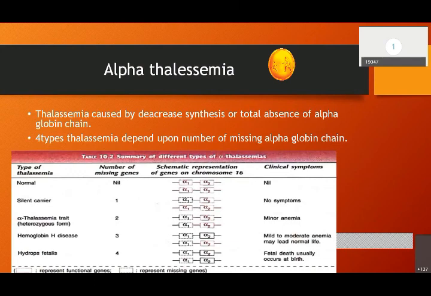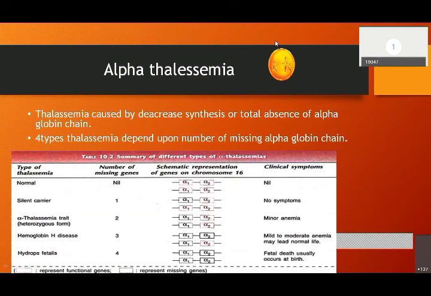In normal there are 4 alpha genes, so no clinical symptoms develop. In the silent carrier there is one missing gene, which shows no clinical symptoms. The next is alpha thalassemia trait, which is a heterozygous form. In this, two alpha globin genes are missing, which leads to minor anemia.